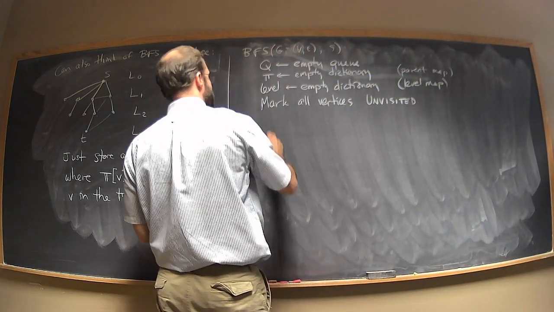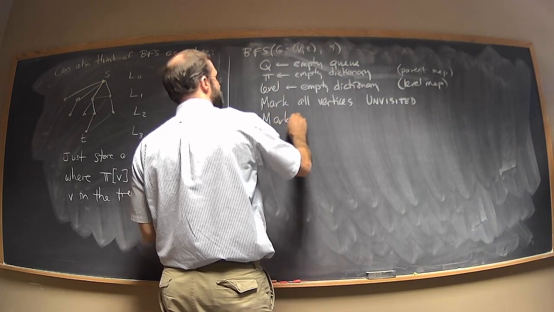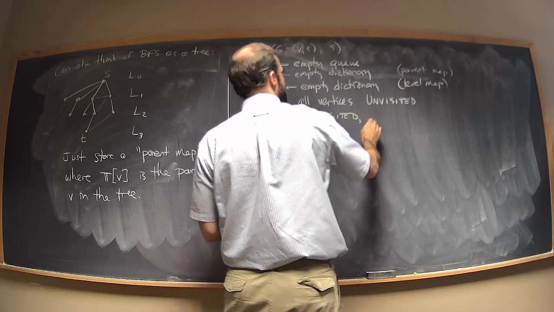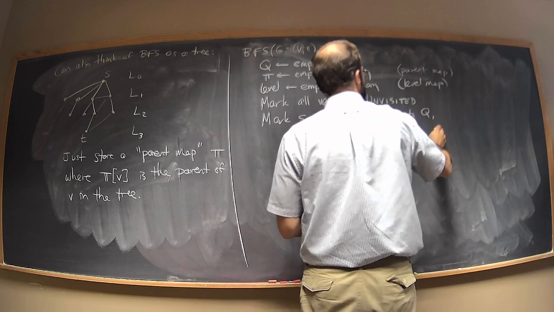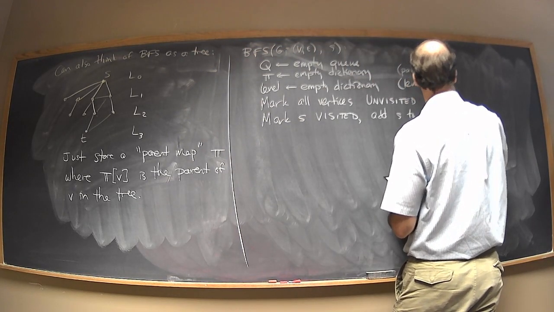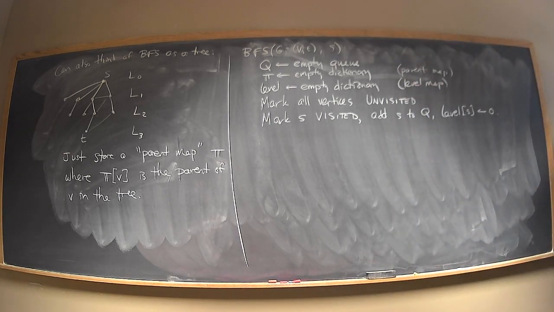Okay, so we're going to first start out by initializing S. We're going to mark S as visited, and we're going to add S to the queue, and we're going to set its level to 0.